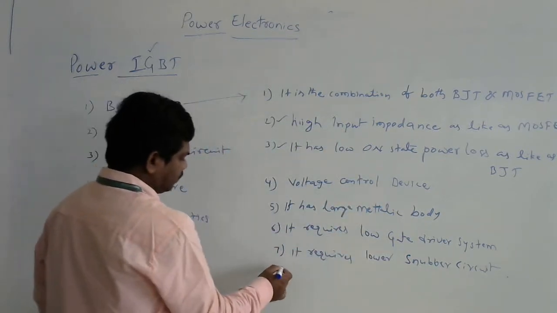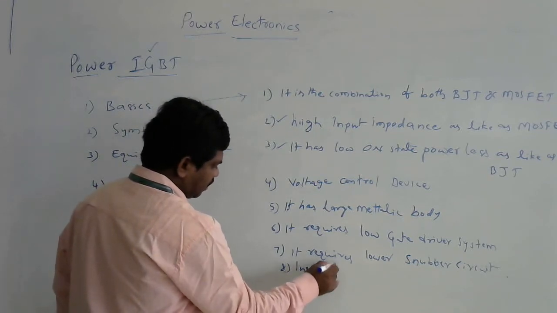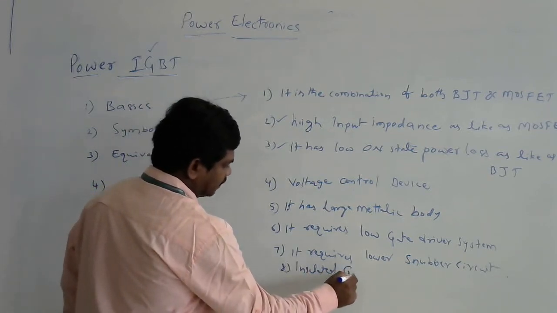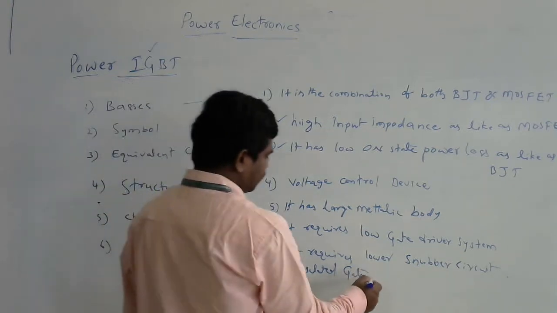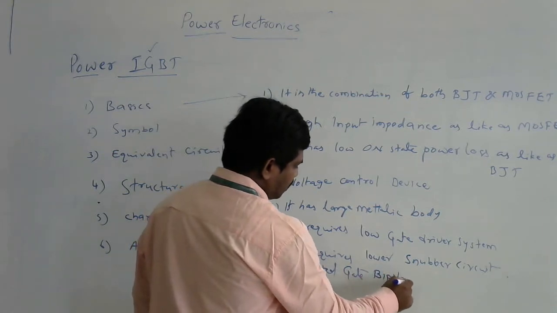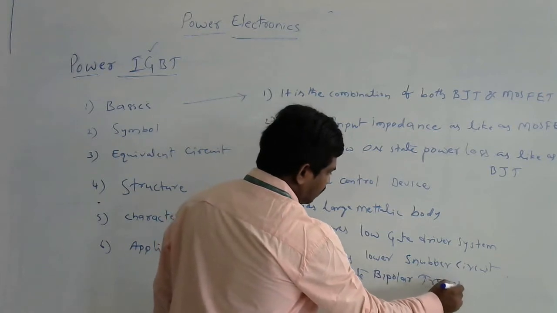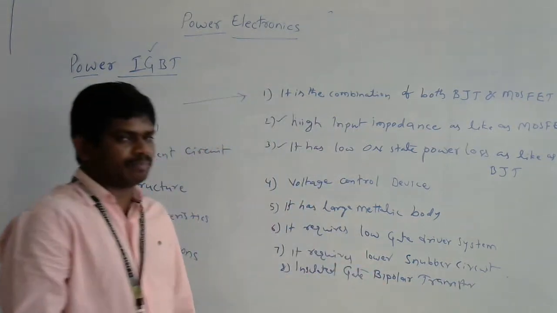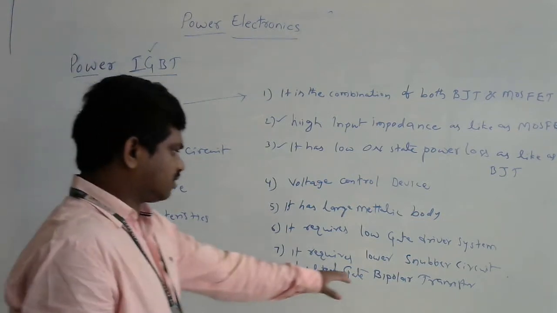IGBT means insulated gate. The gate is insulated from the body of the device. That's why this is called insulated gate bipolar transistor. This type of device belongs to the transistor family.